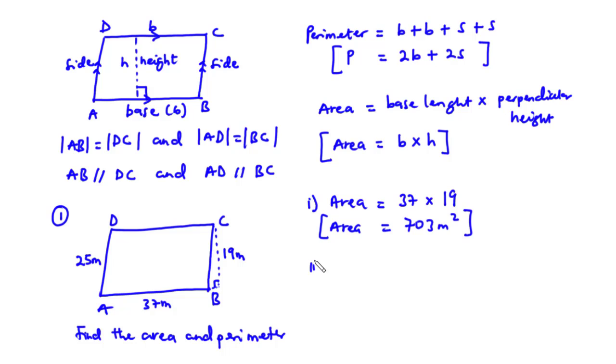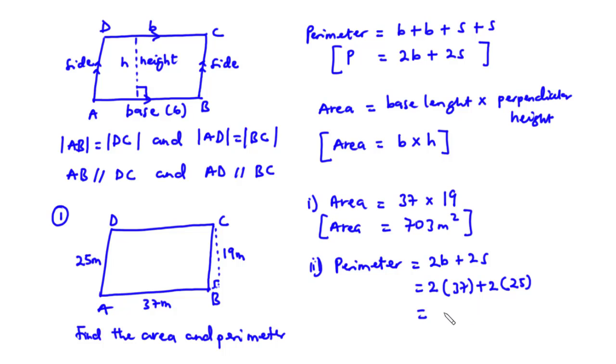Now let's move on to the perimeter. The perimeter is given by 2 times the base length plus 2 times the side length. So we have 2 times the base length of 37 meters plus 2 times the side length of 25 meters.